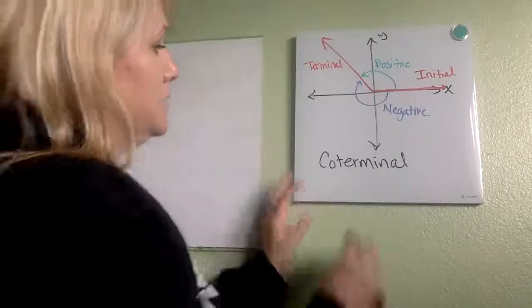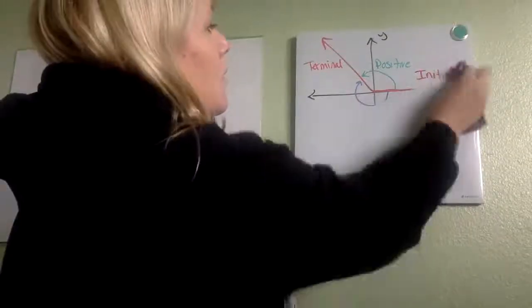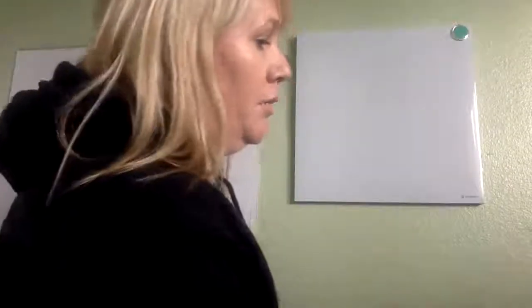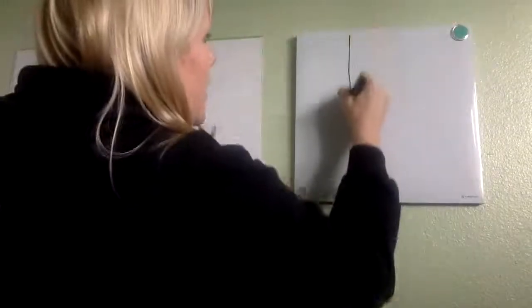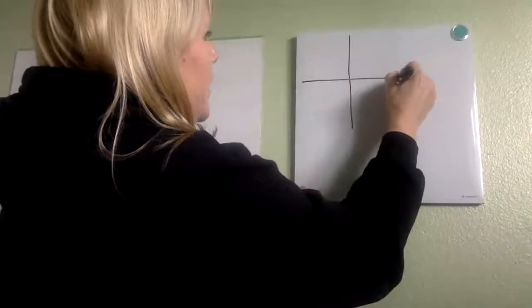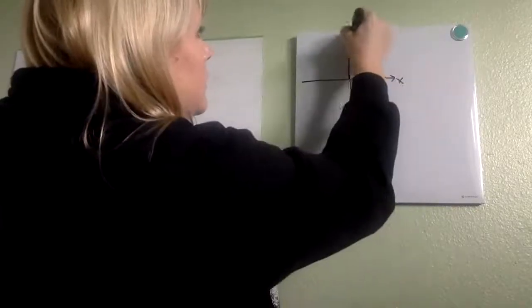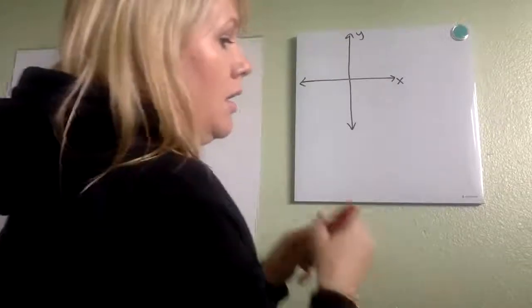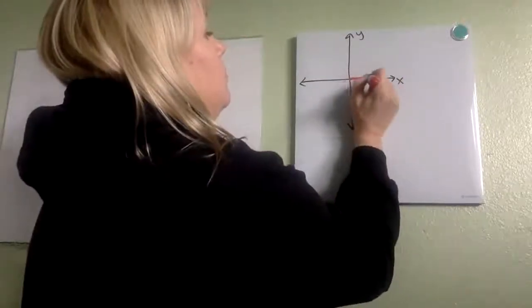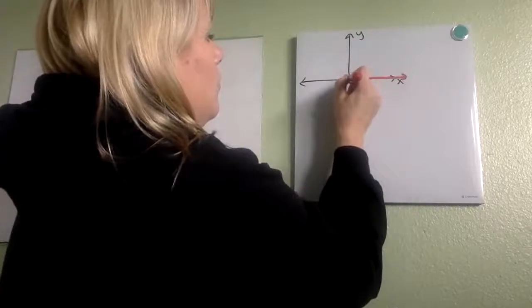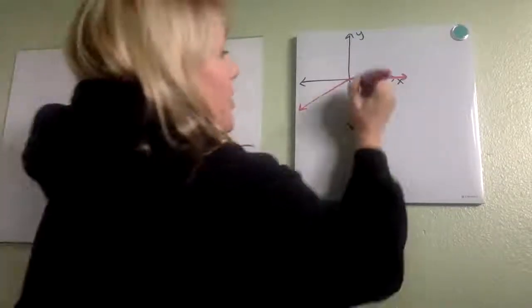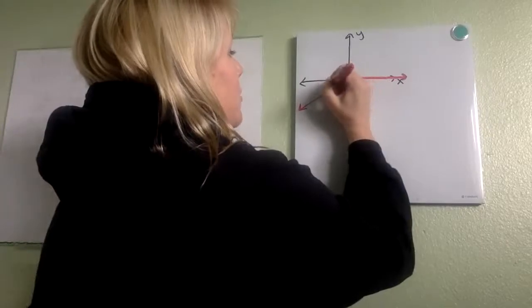So I'm going to erase this and draw one. And then we'll come up with some coterminal angles for that. So here's my X. Here's my Y. If this angle opens to right there, they're going to have a little piece in here labeled for you.